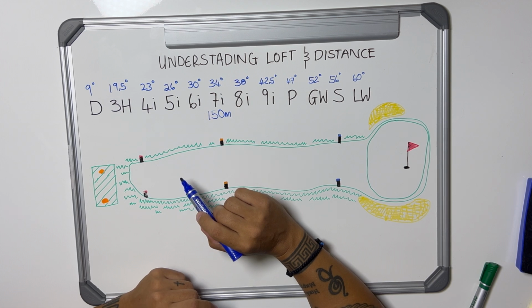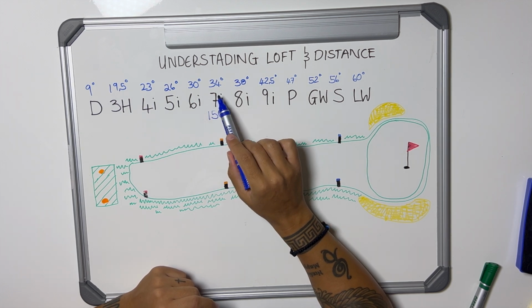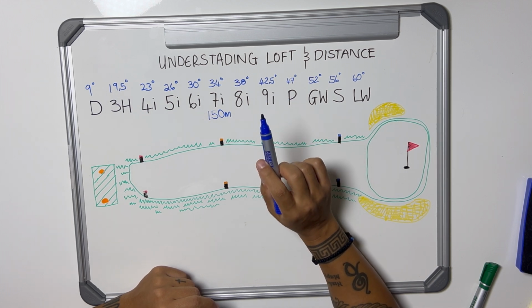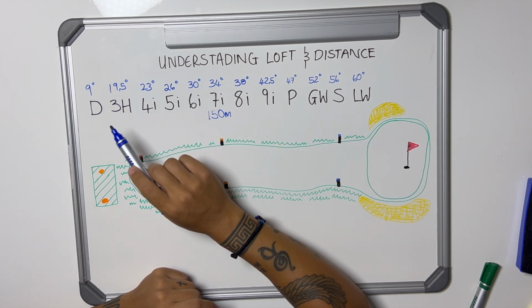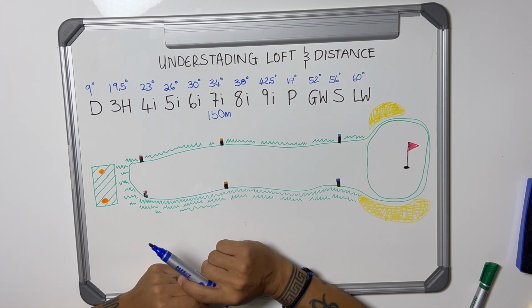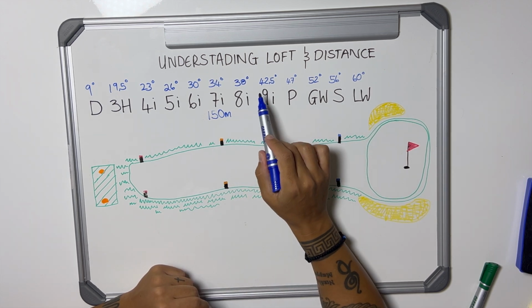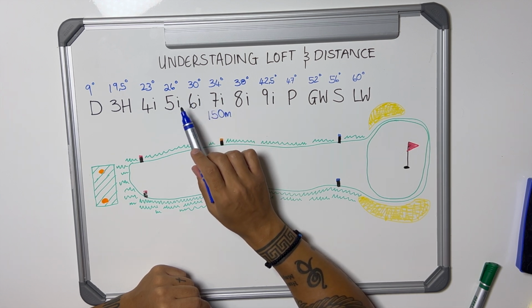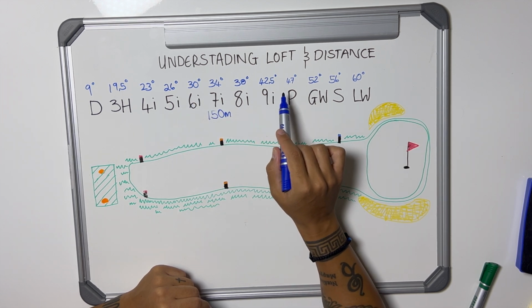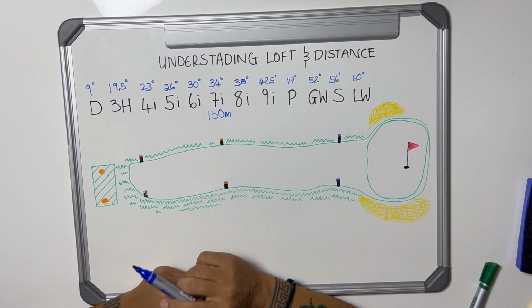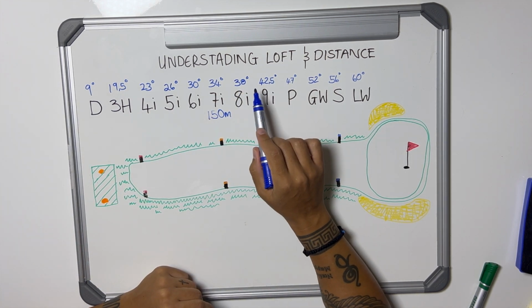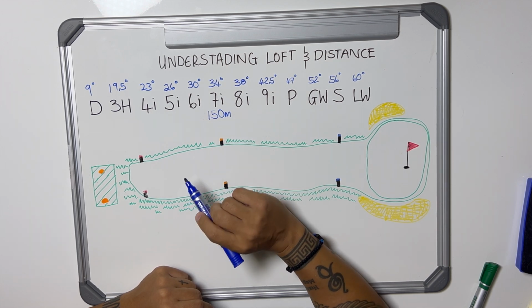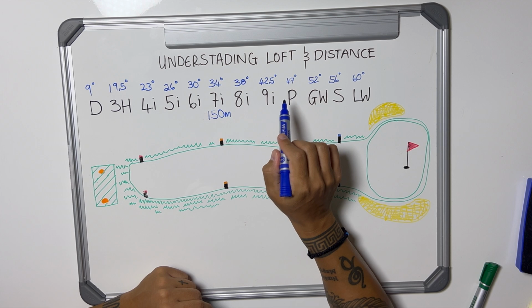Now, guys, as you can see between the lofts of each club, and by the way, the lower the number goes, the further the distance we're going to hit the ball. The loft changes between each club by roughly 4 to 5 degrees. What these degrees represent for me, for this exercise, is a 10-meter difference between each club.